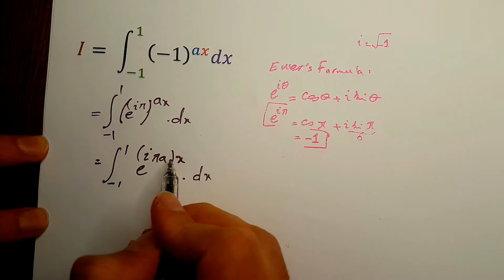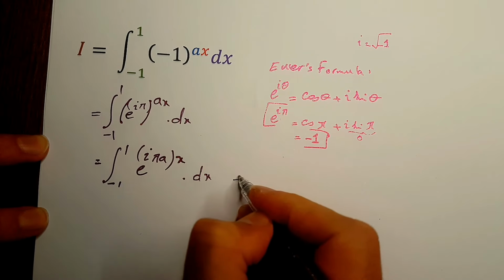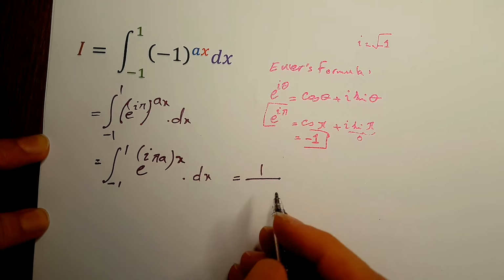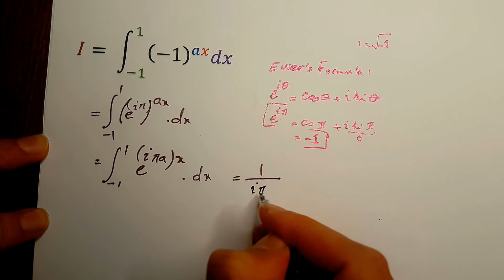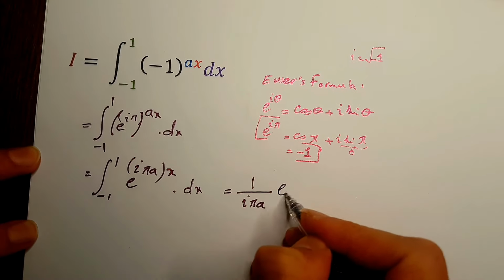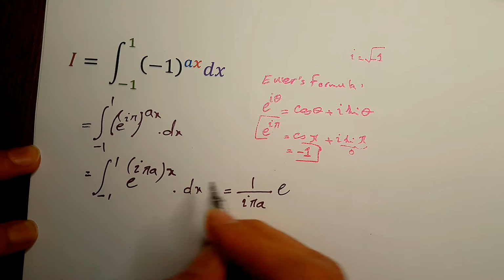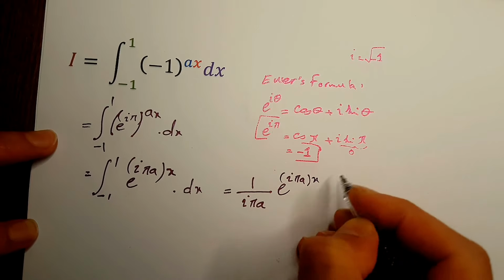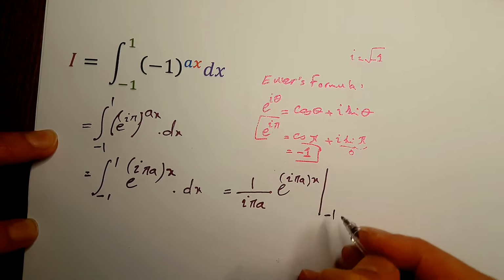The integral of an exponential is always 1 over the coefficient of x, which is i pi a, times the exponential itself, e to the power of i pi a x, from minus 1 to 1.